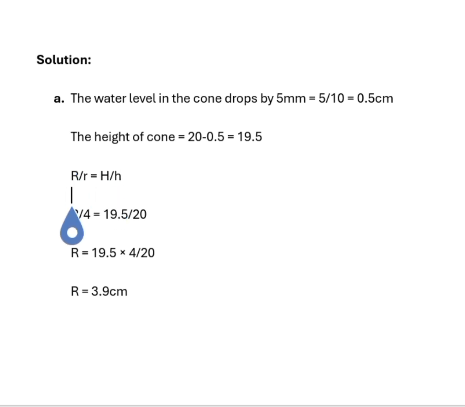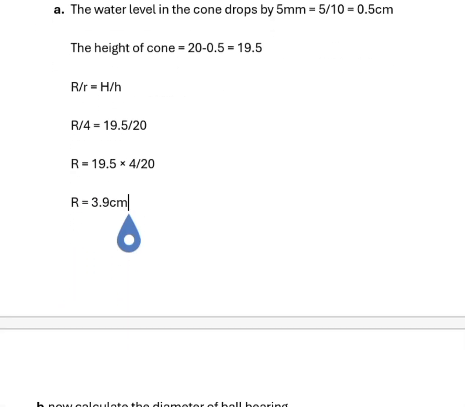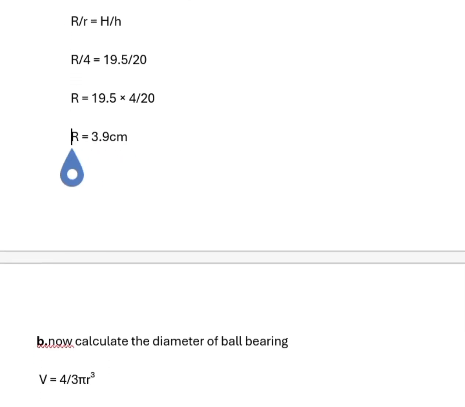So capital H is 19.5 divided by 20, so capital R is equal to 19.5 multiplied by 4 divided by 20, which is equal to 3.9 centimeters. So the radius is 3.9 centimeters after the ball bearing is removed.